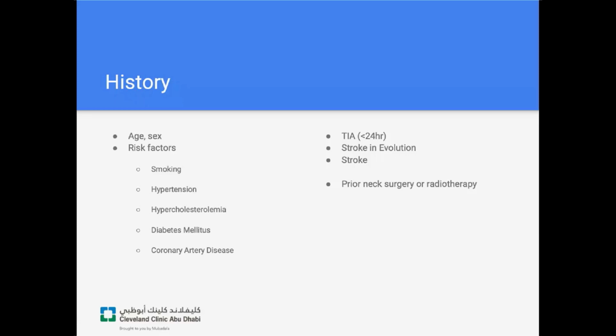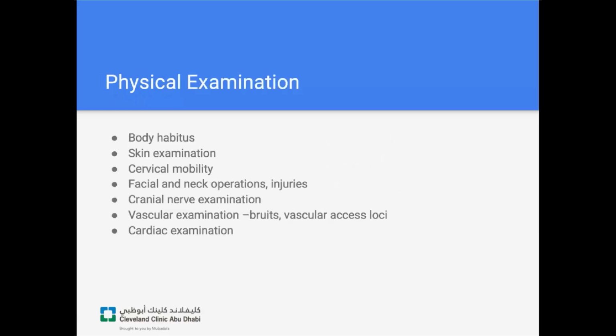The gathering of previous surgical history and history of radiotherapy to the neck is also important if carotid endarterectomy is being considered. On physical examination, I first start with going over the patient's body habitus and skin examination, looking at the likely areas of incision.